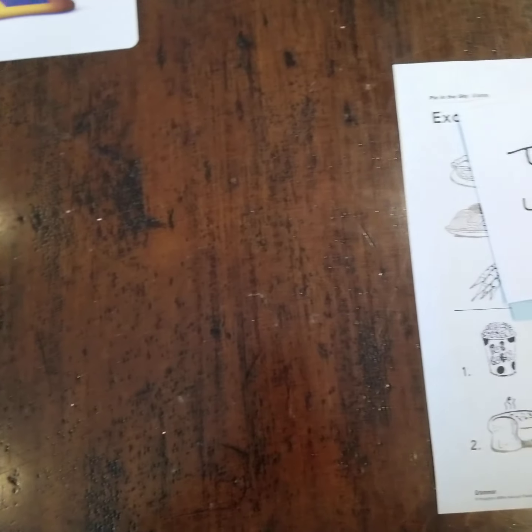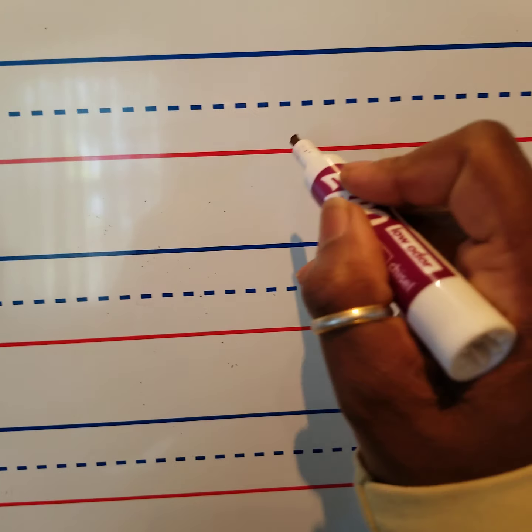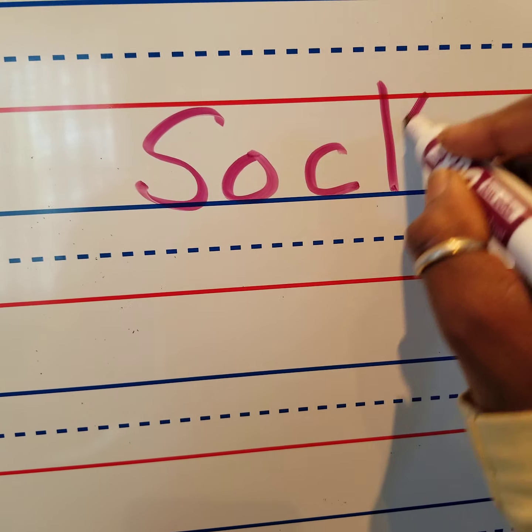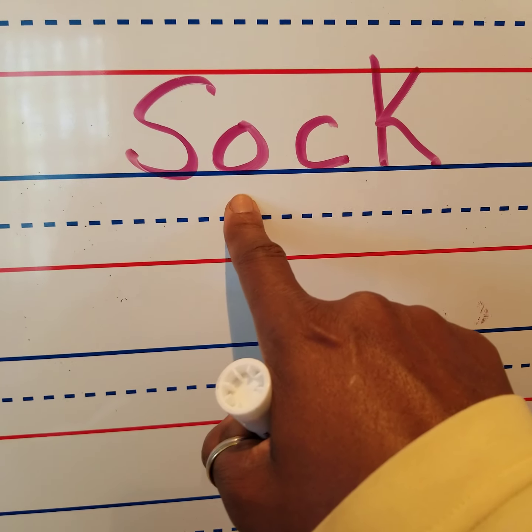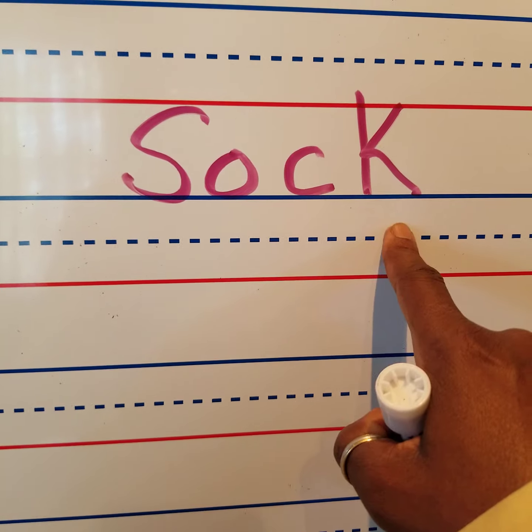We are going to move on to our quick erase. I'm going to write a word on the board. We're going to sound it out. Then we change the beginning sound and see what we end up with. Okay, we have s, a, k, because we know when we see CK together, it's one sound.